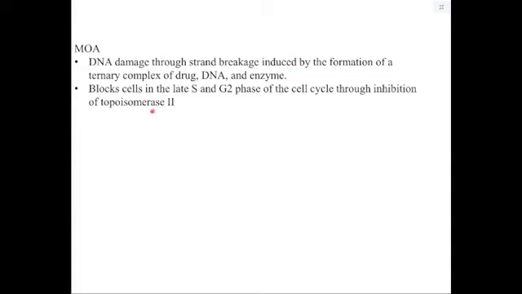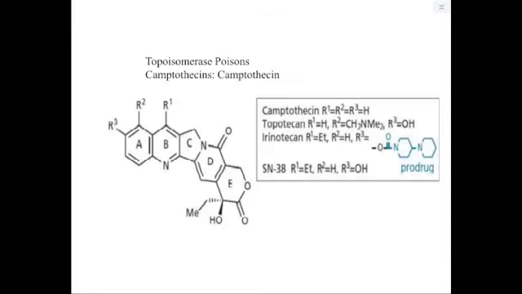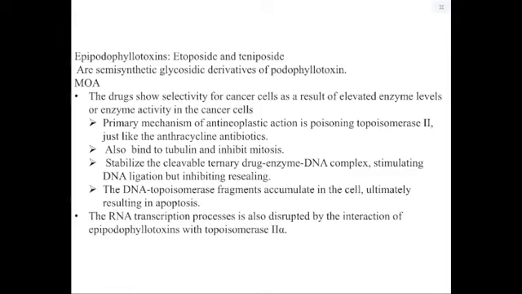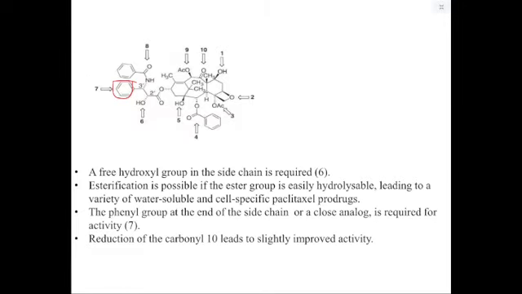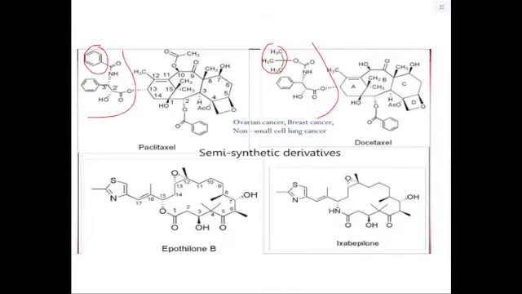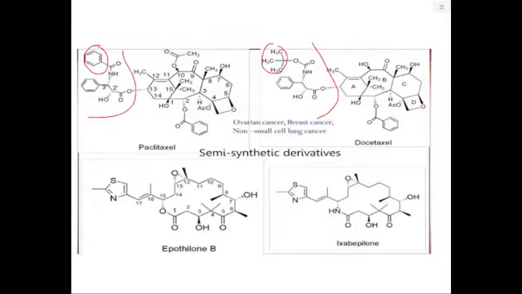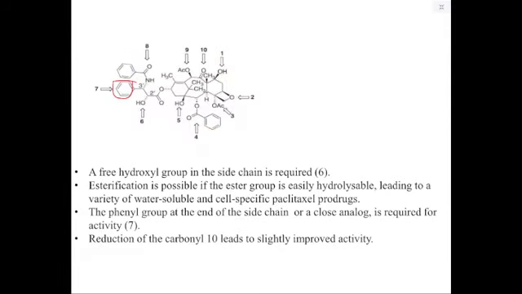It is also cell cycle specific. It will block the cells in the S and G2 phase of the cell cycle through inhibition of the topoisomerase 2. In other words, these are drugs that do not have just one mode of action. They are tubulin inhibitors, and of course mitosis inhibitors, by having an influence on the topoisomerase enzyme.